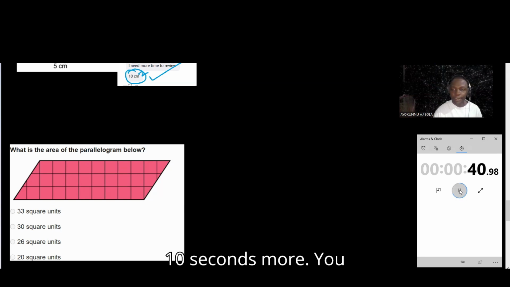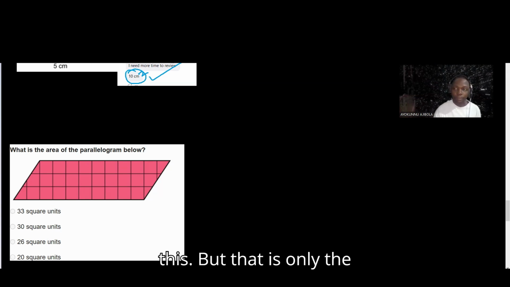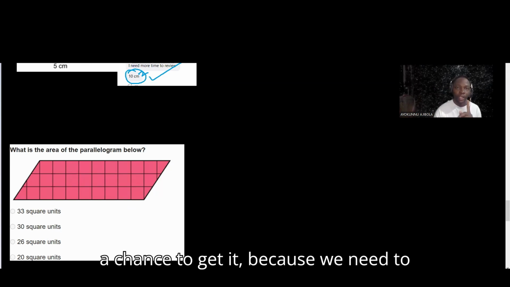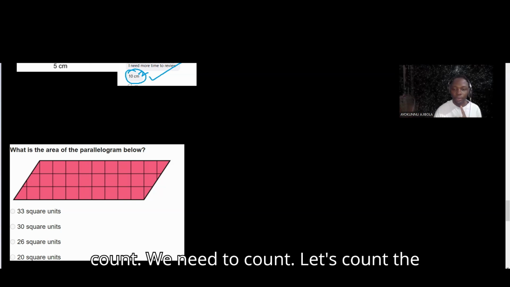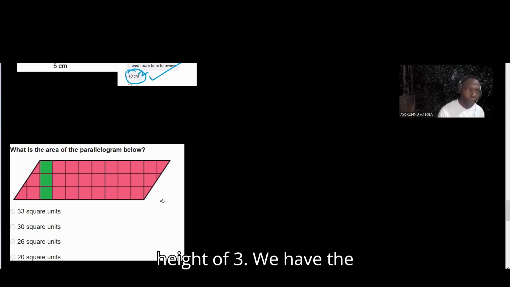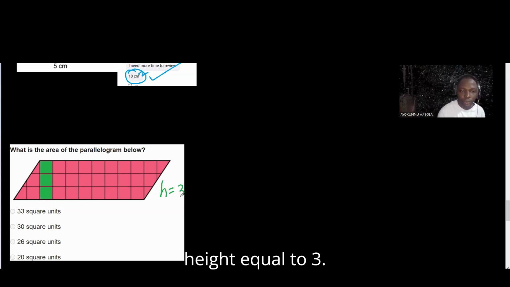Okay, you still have a chance to get a score for this, but only if you respond to what we are asking you. We need to count. Let's count the height. 1, 2, 3. So we have the height equal to 3.